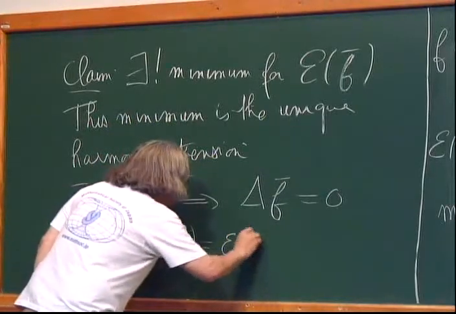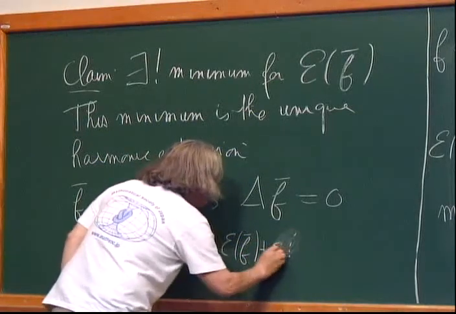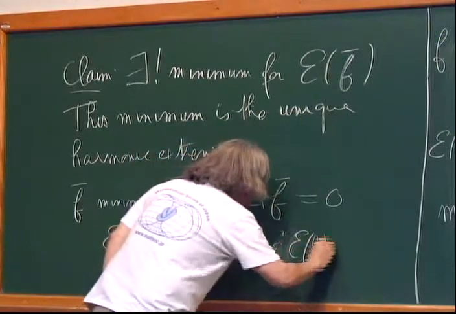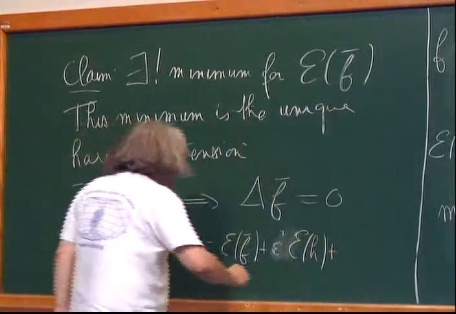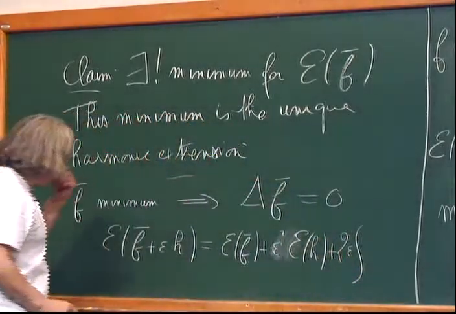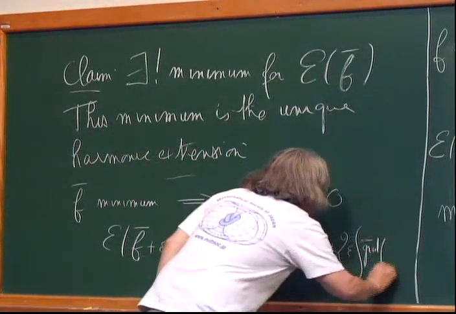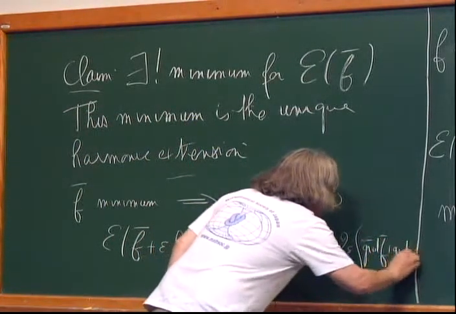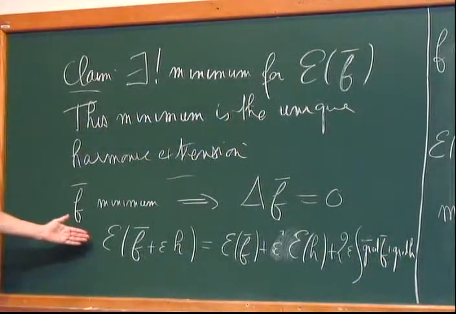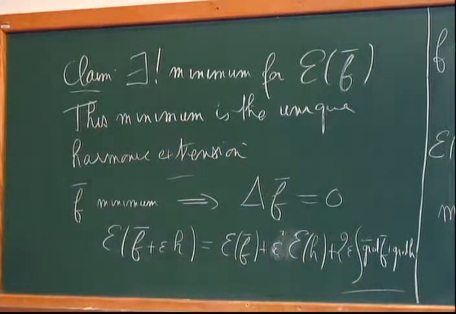E of f bar plus epsilon squared E of h plus 2 epsilon integral of grad f bar grad h. So if it's a minimum, that means that the linear term has to be 0 for every h.